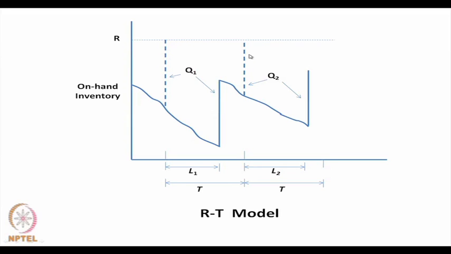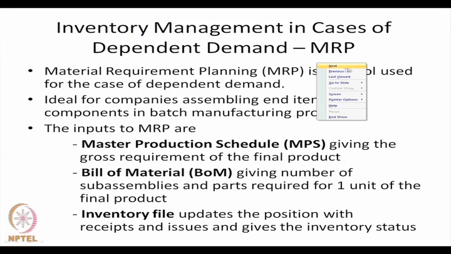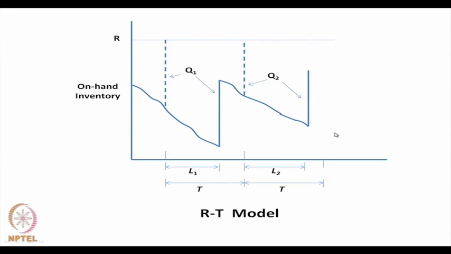So, this is another way of operating the inventory, and it has been seen that the average inventory held in a QR model is more than that in the periodic review model, because in the QR model we have to keep a buffer stock, and that makes the value of the average inventory held more than the amount held in a periodic review model.